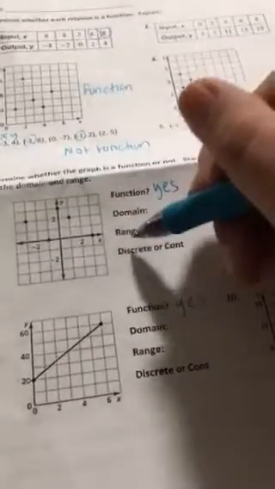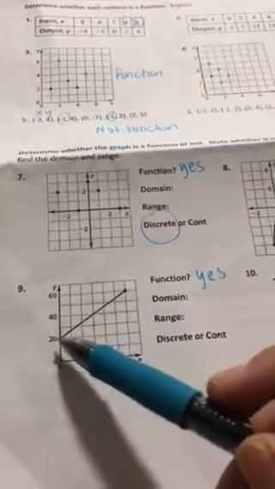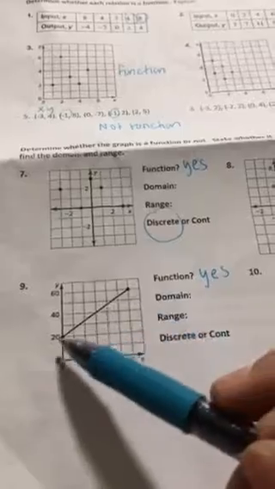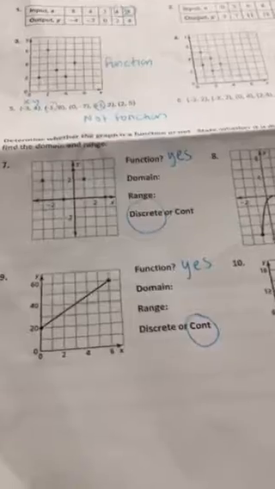This is discrete because it's just very specific points, but continuous would be number 9, because every number from here to here, from 0 to 6, is included. So this would be continuous. You would never be done listing all the points that are contained by that segment.